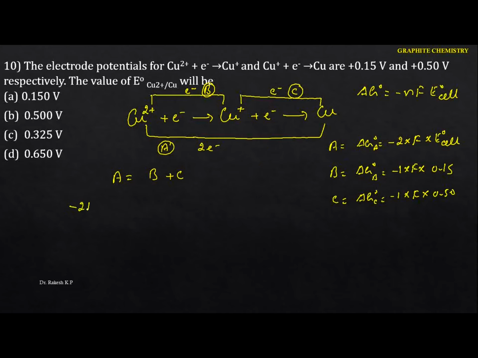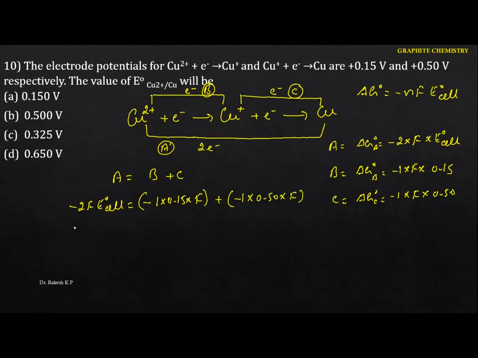Minus 2F into E naught cell is equal to, for B, minus 1 into 0.15 into F, plus, for C, minus 1 into 0.50 into F.